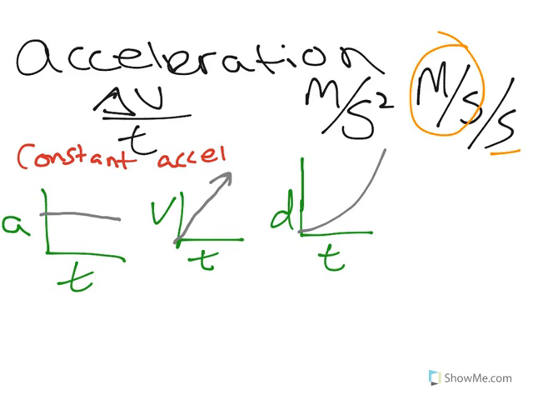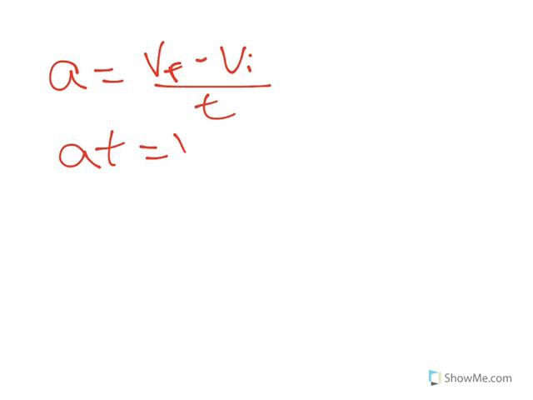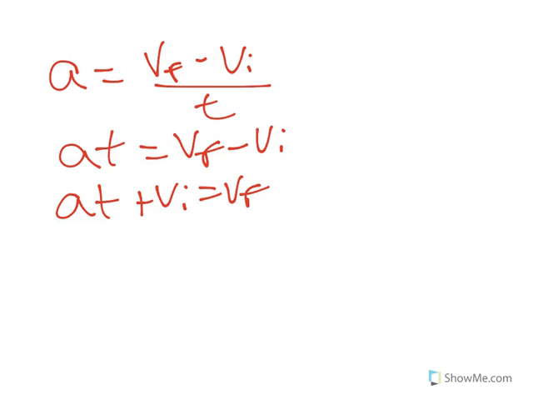Okay? Now, let's look at the formulas associated with acceleration. The first formula that we dealt with in association with acceleration was this: A is equal to VF minus VI divided by T. If we take a second to rearrange that, just real quick, multiply the T up, acceleration times time, equals VF minus VI. And then if I put AT plus VI equals VF, we can see that we can use this to either solve for acceleration or final velocity.